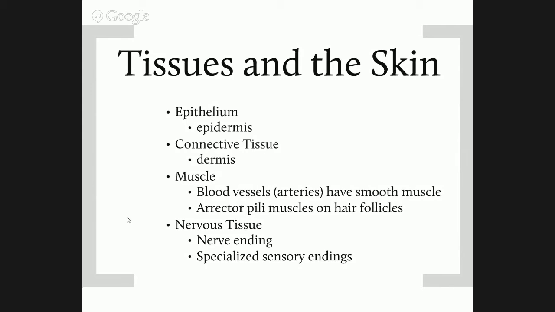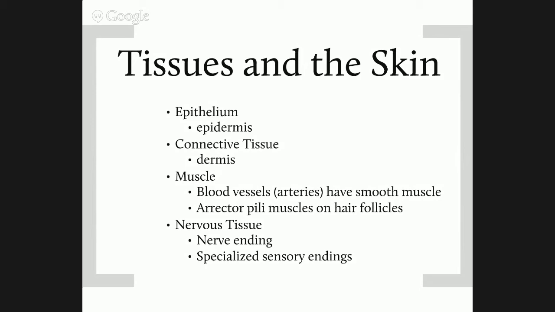Now, when we study nervous tissue in the nervous system, we'll talk about certain types of cells and all that sort of thing. All that we have in the skin are what are called nerve endings. So the actual cells are located elsewhere, but they're connected to the skin in what we call nerve endings. And some of those endings have specializations associated with them so that we can interpret very specific types of stimuli.